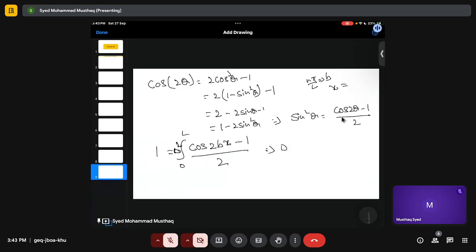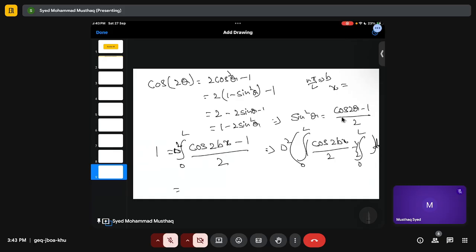So d square, if I take things common, 2bx by 2 minus, 0 to L, half. Everything comes in dx.